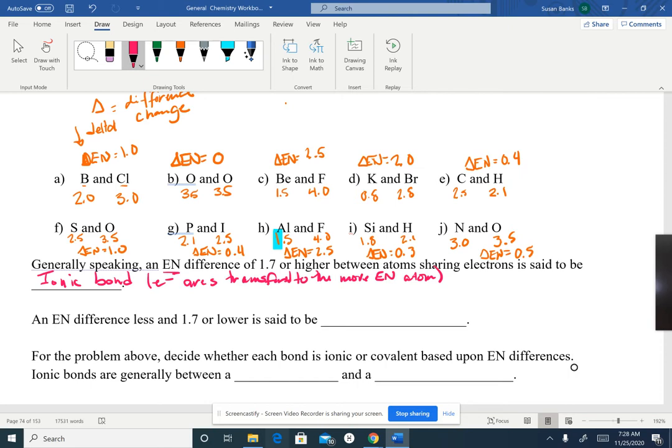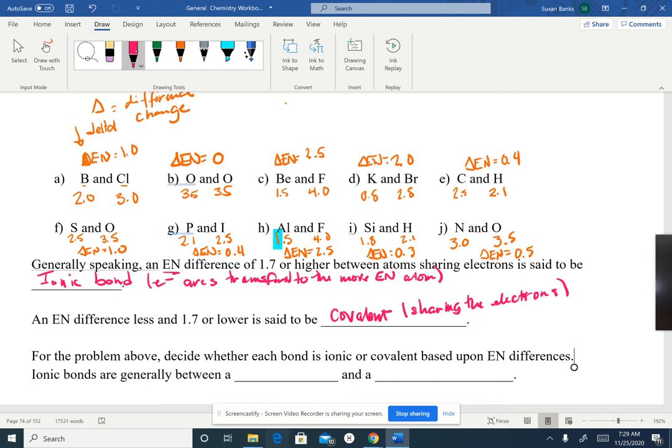If I have an electronegativity value of 1.7 or lower, it's said to be covalent, meaning we're sharing the electrons. But there's two types of covalent bonds. There's polar covalent bonds and there's non-polar covalent bonds. So let's do that scale really quick.